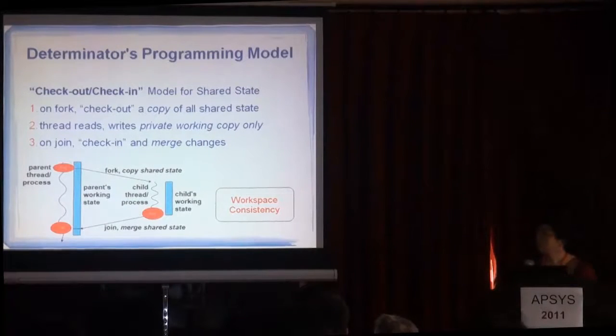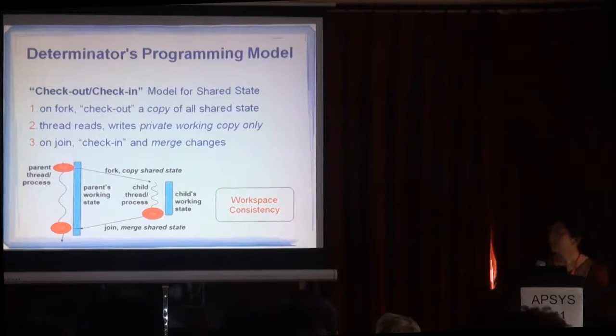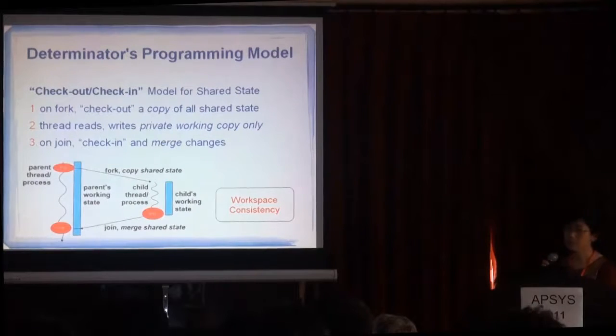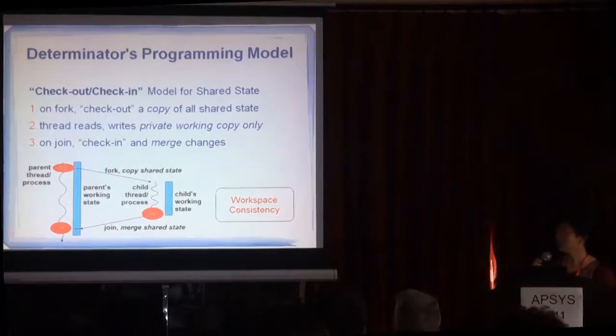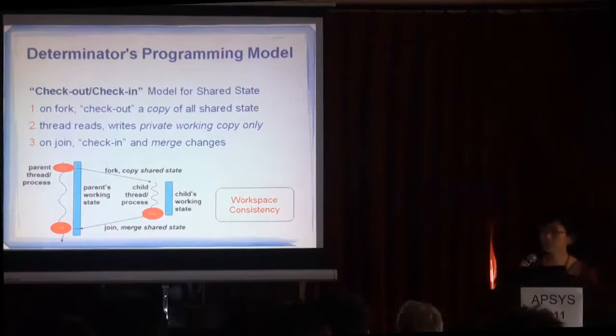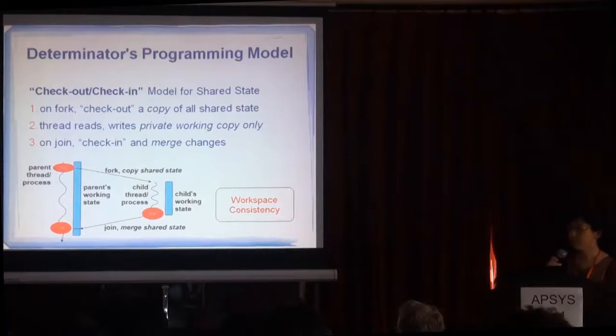So on fork, the parent can call the system call put to copy shared state and other state to a child. So each thread or process reads and writes its private working copy only. On join, a child can check in its working state, and the parent can get and merge changes accompanied with conflict detection by invoking the system call get.